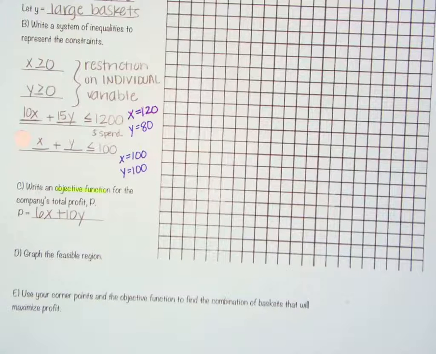I wouldn't want to make my x interval 25 because 25 doesn't go into 120. So you want each tick mark to represent something that goes into each intercept. You can also make each axis different. So if you want your x's to go up by 5 and your y to go up by 10, that's okay.